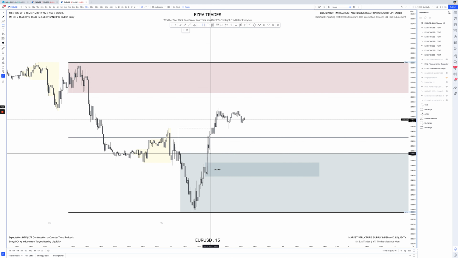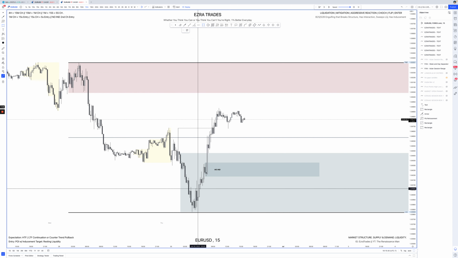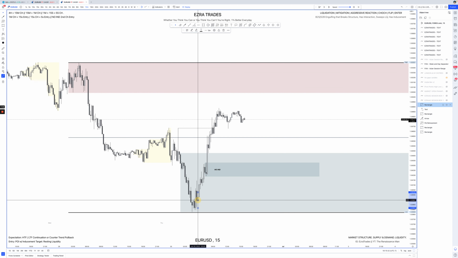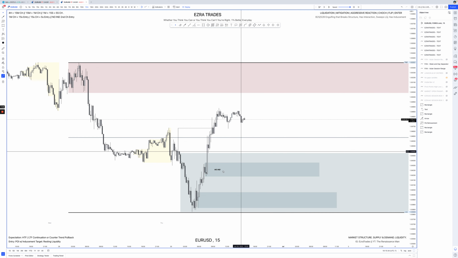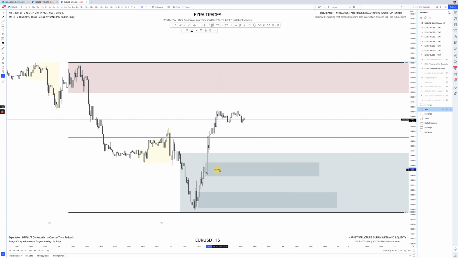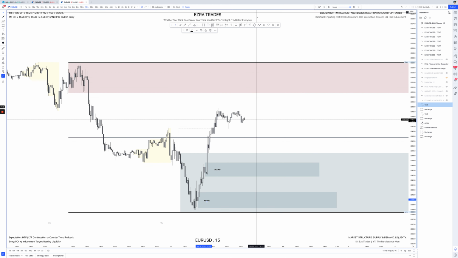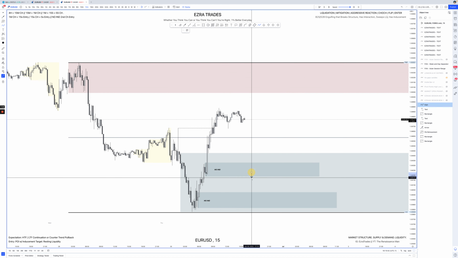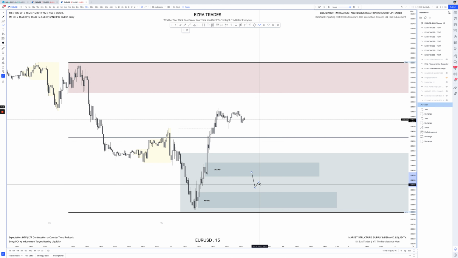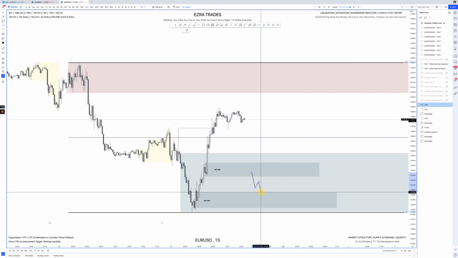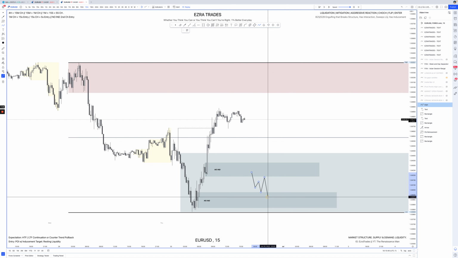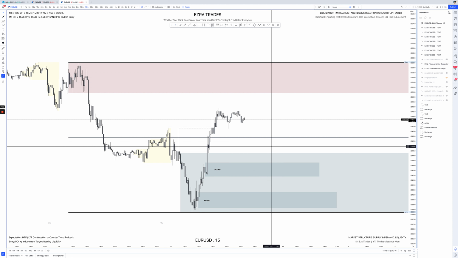At the same time, I could also say, while pricing in this 4-hour, I'd probably want to see something a little bit lower. The extreme is always valid, and the extreme also does not have inducement. So same story. If price was going to come to the extreme, I would likely want to see a trap for early buyers, right, that get liquidated, and that will serve as inducement of liquidity.